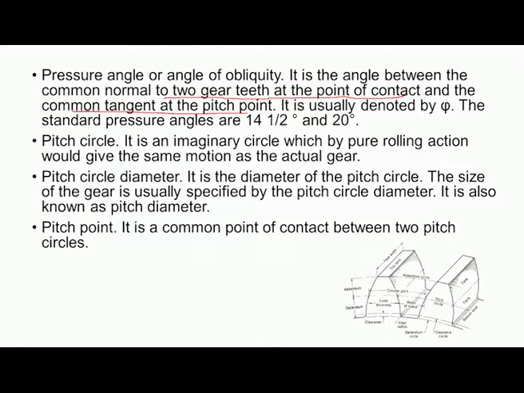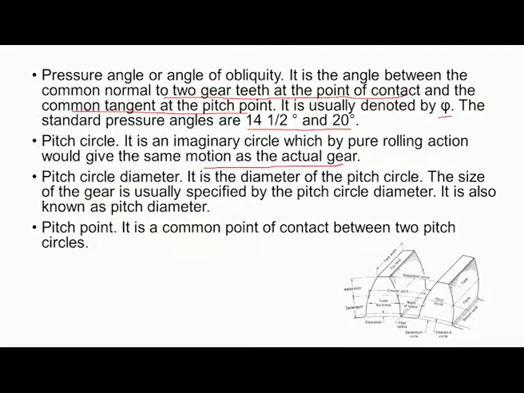It is usually denoted by this particular symbol, and the standard pressure angles used in manufacture are 14.5 degree or 20 degree. Pitch circle is an imaginary circle which by pure rolling action would give the same motion as the actual gear.